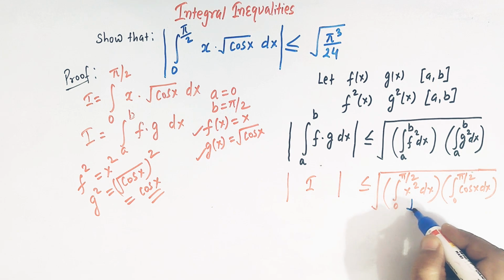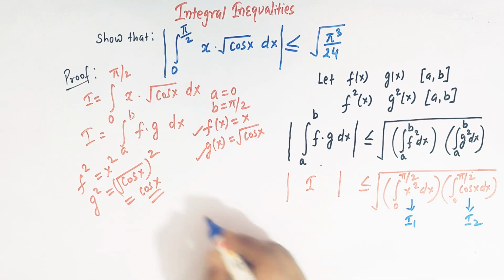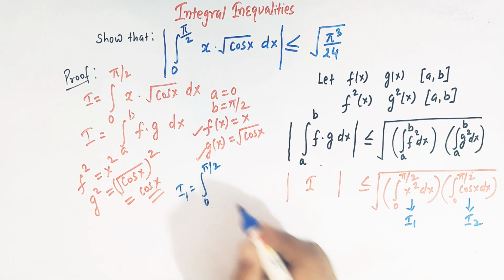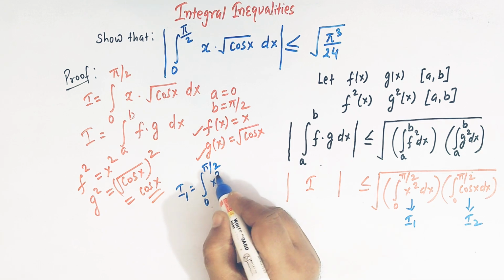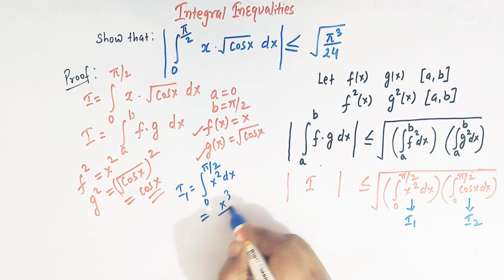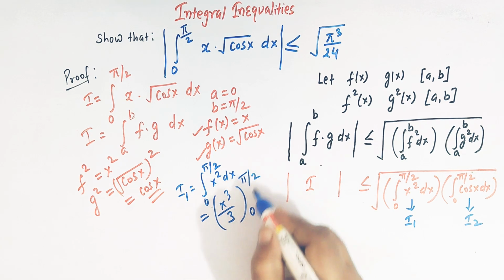Now let us take the first integral as I1 and the second as I2. I1 is the integral from 0 to pi by 2 of x square dx. The integral of x square is x cube over 3, with limits 0 to pi by 2.